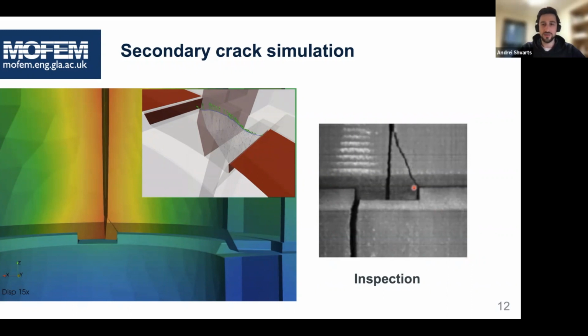The shape agrees so well that we can trust the prediction of the code in this particular case with a high degree of certainty. And that's why MoFEM has been used by EDF Energy and by engineering companies to predict crack propagation in nuclear power plants and to generate the conditions of a safe operation.